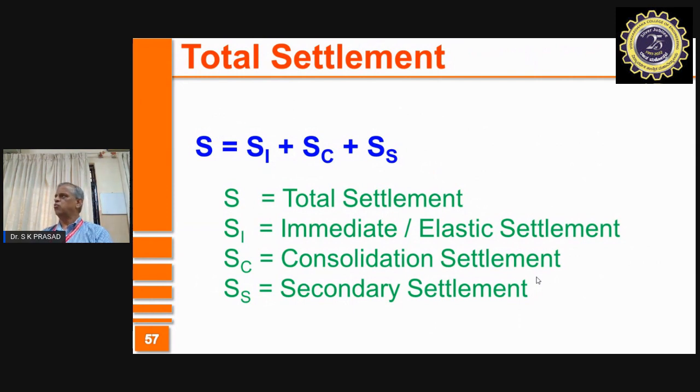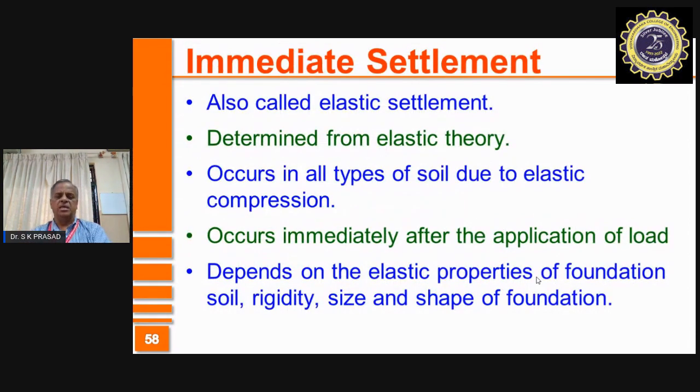Please remember, total settlement has three components: immediate or elastic settlement, consolidation settlement, and secondary or creep settlement. For most practical cases, we can neglect secondary or creep settlement. And immediate settlement, as I said earlier, happens in all types of soils.